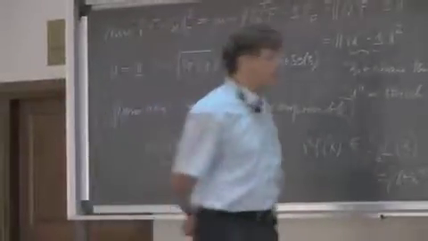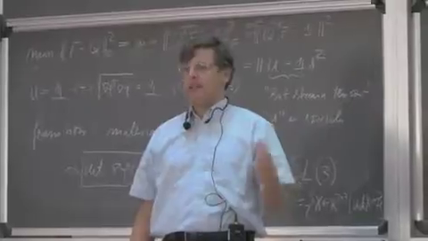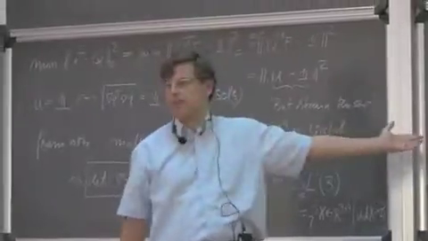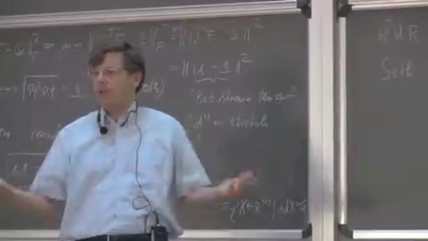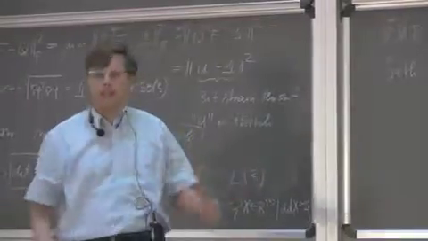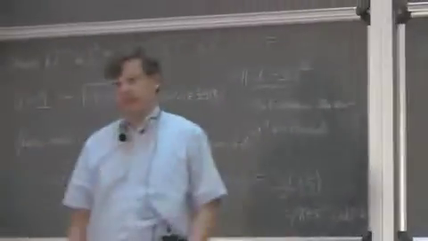He used this strain measure extensively, because when you want to write down a free energy for accounting for your deformation, you write it as a function of these variables. But you are free to choose whatever set of variables you want. And he chose this one for very peculiar reasons.